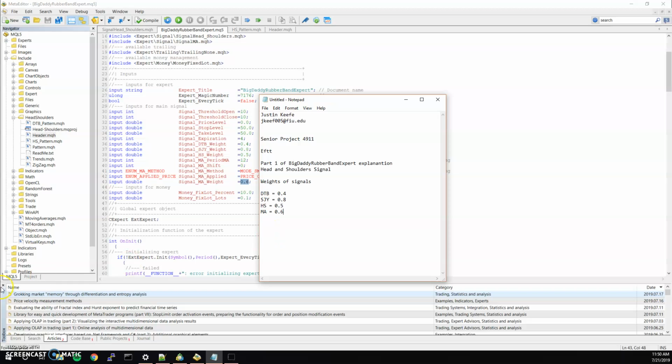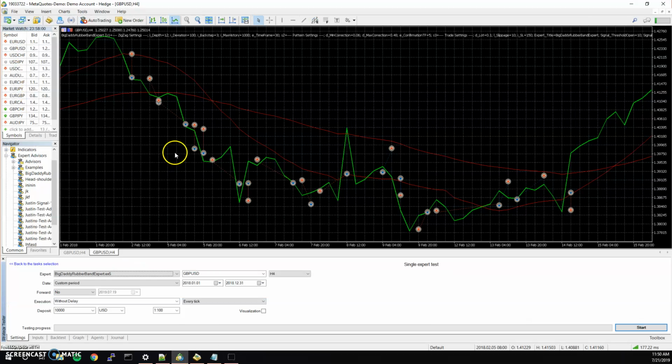Now, this is one I've already generated, but I'll regenerate it so you can see how it performs. This is the whole course of 2018 for the pound against the dollar on the H4 chart. Let's let this finish testing.